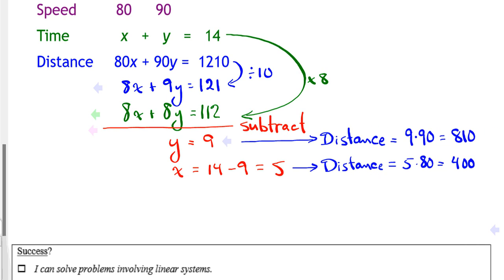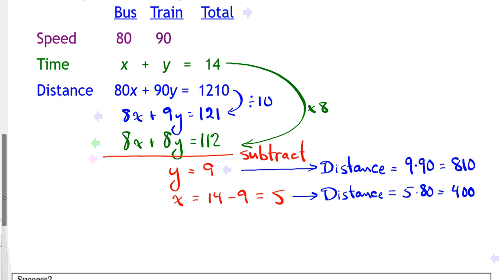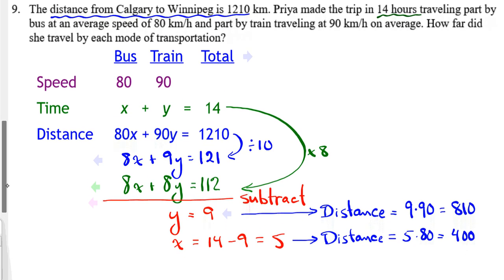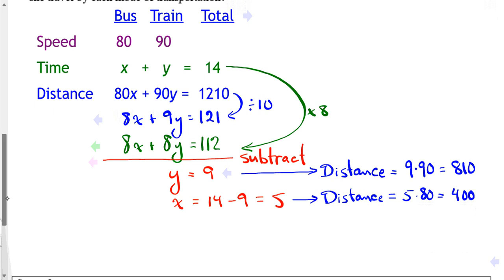Then notice we are asked in this question to find distances. I chose to make my variables time instead of distance, just because it makes the equations easier to work with.